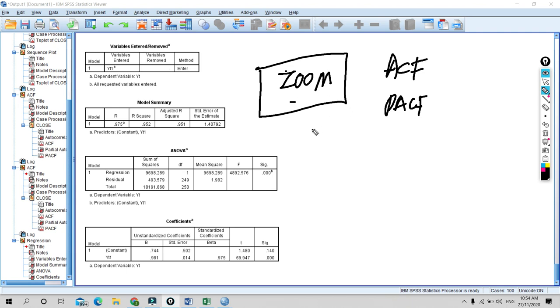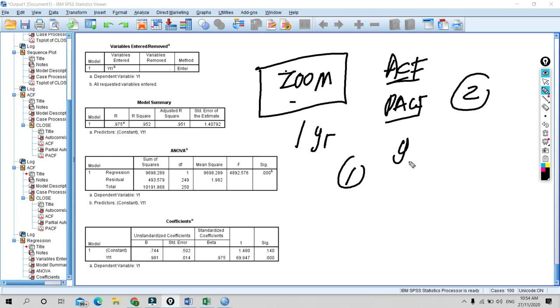And also I want you to plot the PACF for lag 1 and lag 2. This you can use a software. Lag 1 and lag 3, this you can use software.